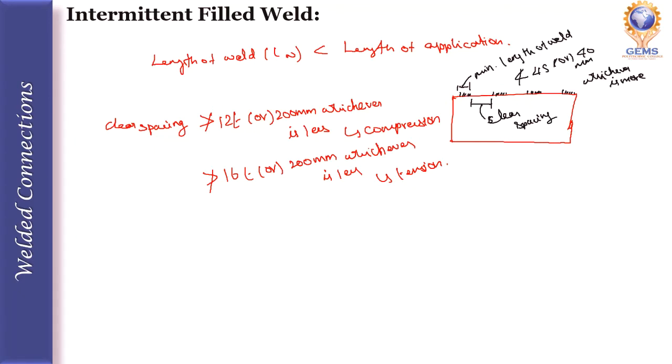Why we provide the intermittent fillet weld: if you have to do the fillet weld for a long section, sometimes, due to the long section of a member, the member has a chance to fail due to buckling. To avoid the buckling, we provide fillet weld throughout the length of the member.